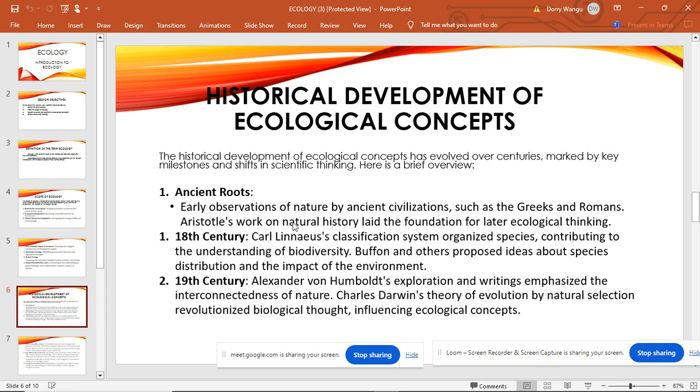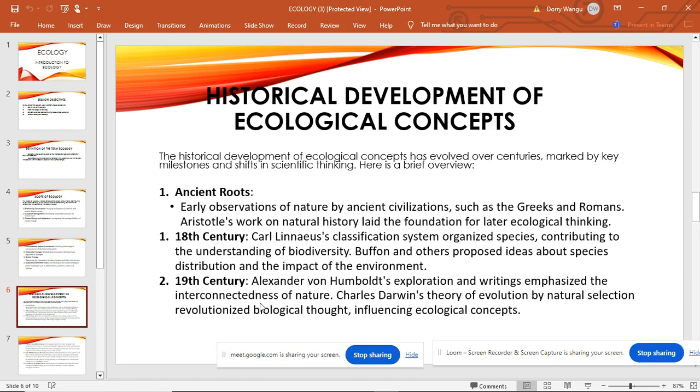Aristotle's work on natural history laid the foundation for later ecological thinking. Then we have the 18th century. Carl Linnaeus's classification system organized species, contributing to the understanding of biodiversity. Buffon and others proposed ideas about species distribution and the impact of the environment.